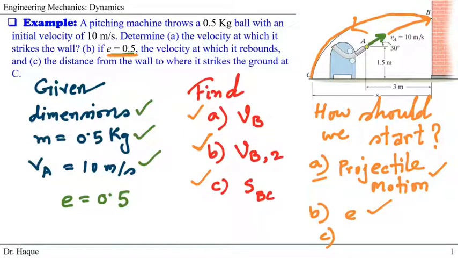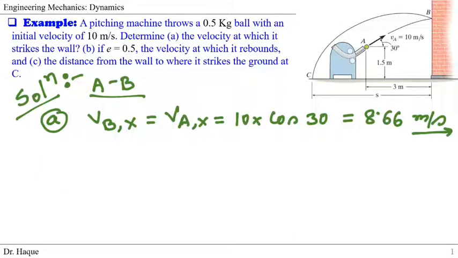So this is my logical plan that I plan out before I even start solving my problem. So for C I'm going to use projectile motion again, for B the concept of coefficient of restitution, and for A the projectile motion concept again. So now I'm ready to start the problem. So let's move on and start the problem.